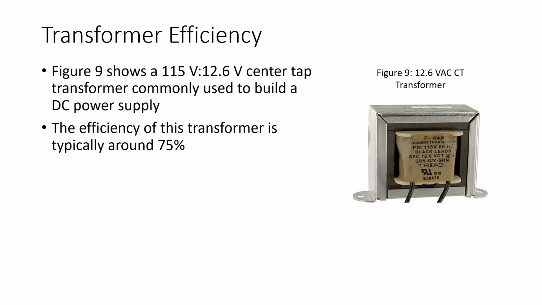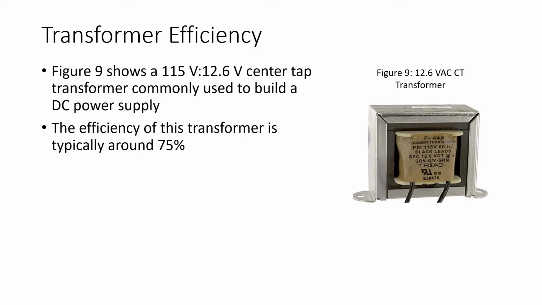And we have found in the lab that the efficiency of this transformer is typically around 75%. And one thing this tells you is that the ratio of VP to VS is not equal to the ratio of IS to IP, because that equation was derived again with the assumption that the transformer was 100% efficient.